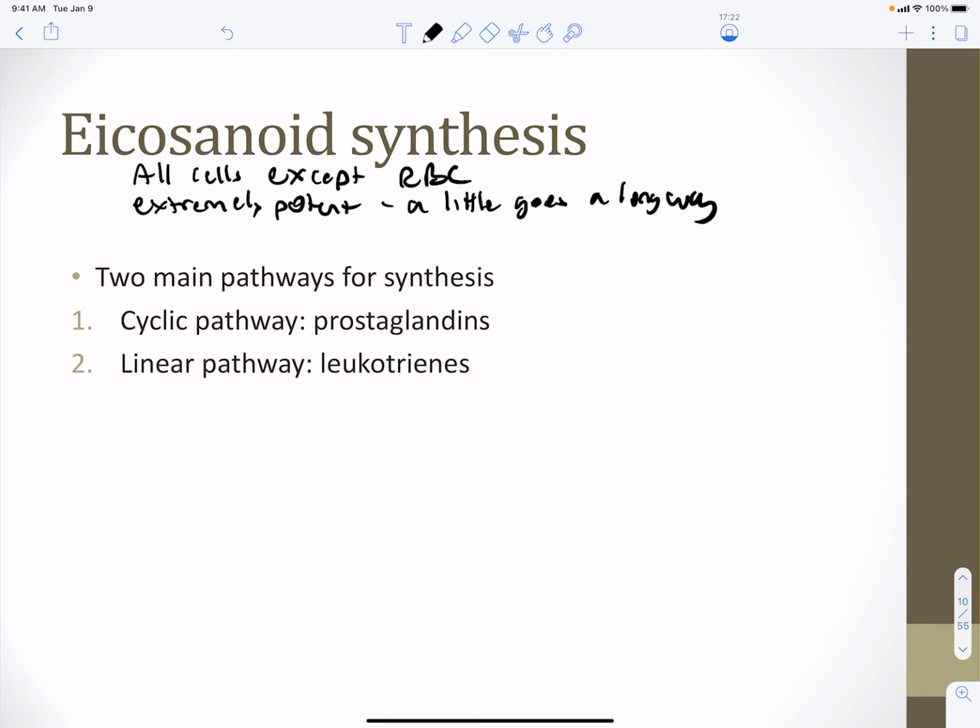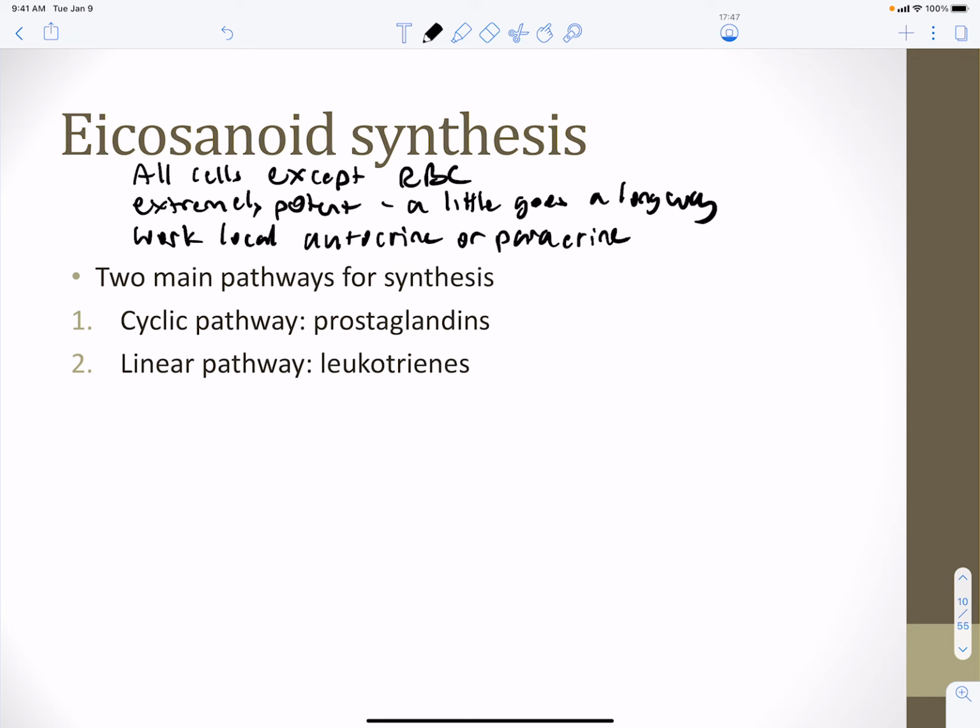And all eicosanoids work locally, so they're going to be autocrine or paracrine. And that's why it's important that all cells are able to make them, because you don't know where in the body you're going to need thromboxane, for example, or other types of eicosanoids.